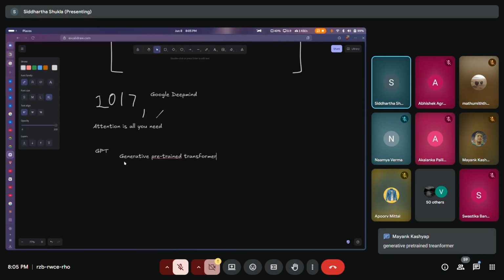Generative is pretty self-explanatory. Pre-training is the procedure by which the transformer adjusts its weights in order to produce outputs, and transformer is the actual architecture of the LLM.